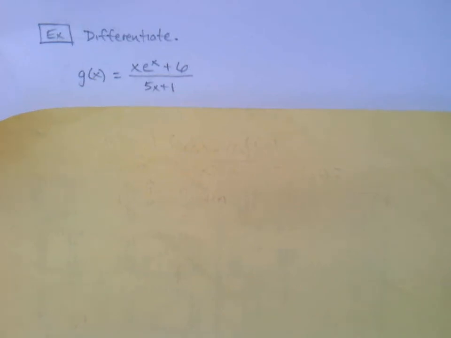All we're asked to do in this last example is differentiate. Take the derivative of what you see there. There's going to be an element to this that is new for sure, or else I wouldn't be presenting it. Okay, so we've got g of x equals x e to the x plus 6 all over 5x plus 1.